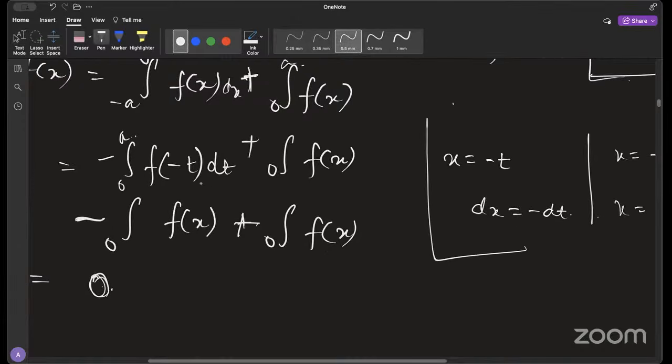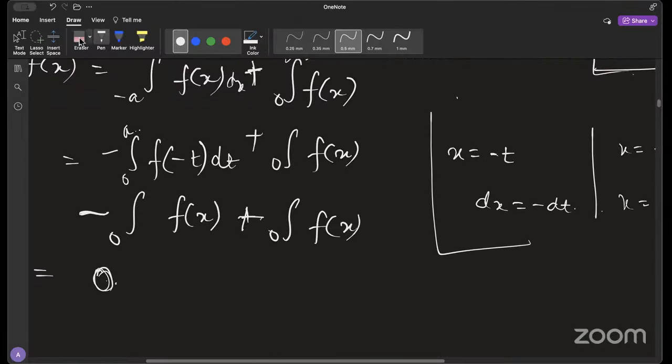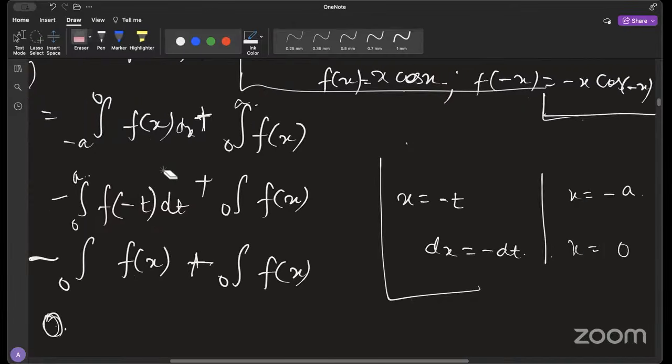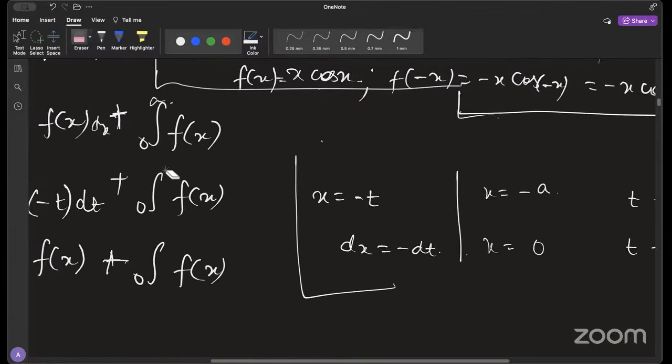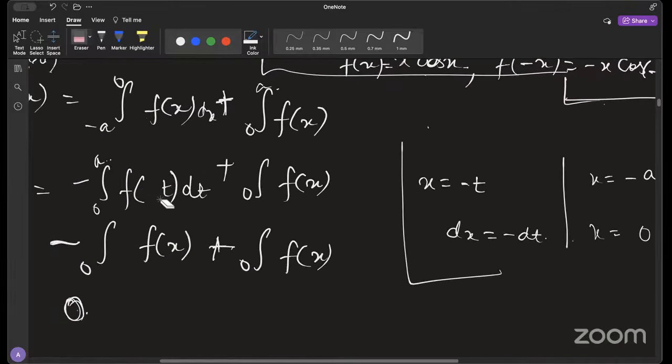Now we know that this function is an odd function, so we can replace this thing with a minus sign here. So you have, wait, we have one extra negative here, -a to 0. Just one second.